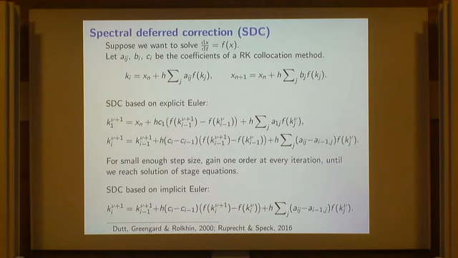You start with some guess for the solutions of the stage equation, and we just use our current solution as a guess for everything in the stage equation. And then we iterate this. The nu here is your iteration index, so you start with nu equals 0, and then you compute this for nu equals 1, 2, 3, 4, etc.